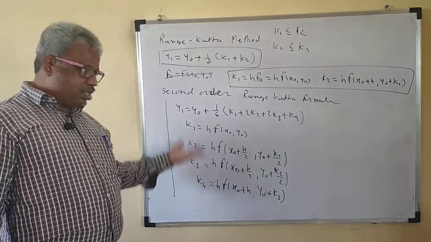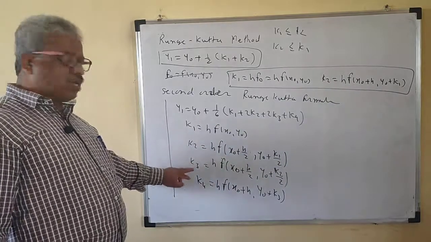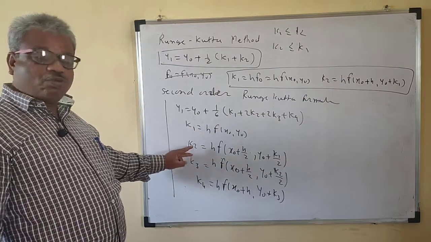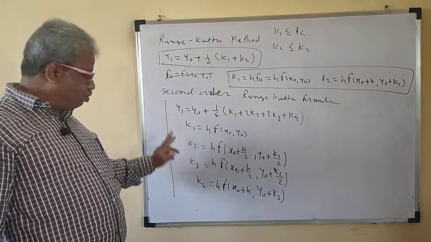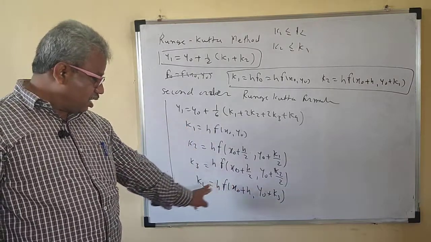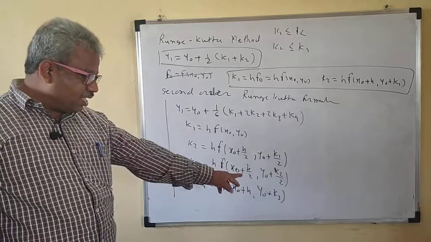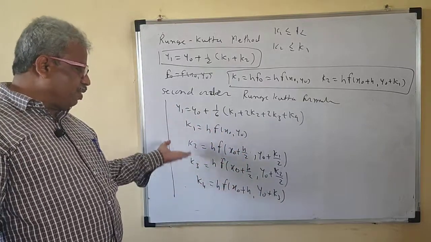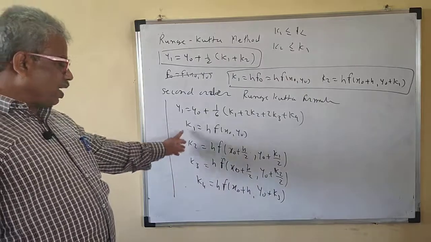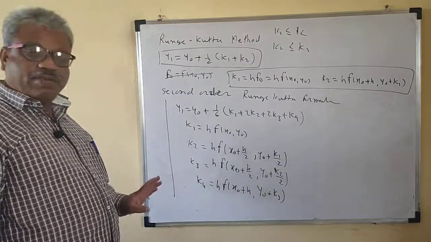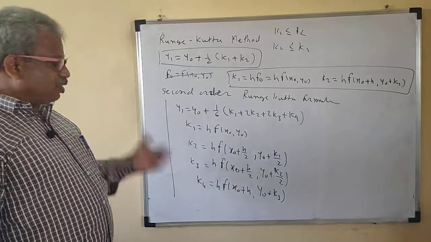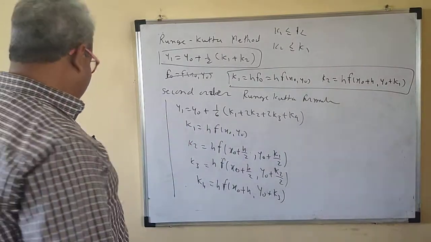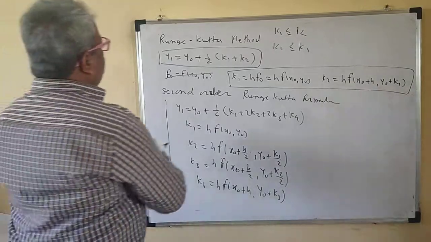Without finding k1, k2, k3, you cannot find k4, but you can find k1 without finding k2, k3, k4. This is the important thing here.